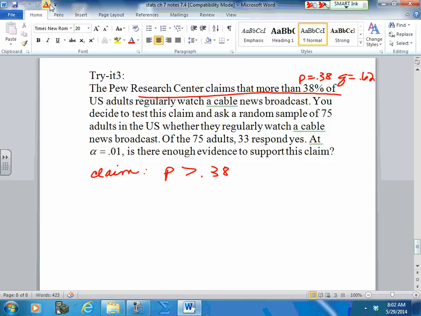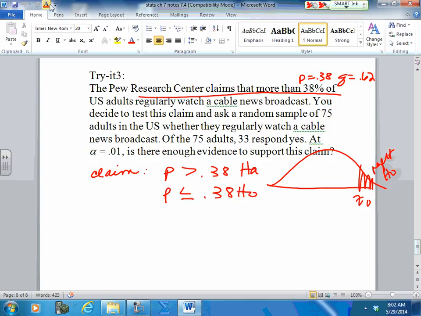Good. So is this the HA or the H0? HA. So what direction is my tail going in? Right. This guy here, reject H0. Now, I need to write its complement. Less than or equal to is the H0.